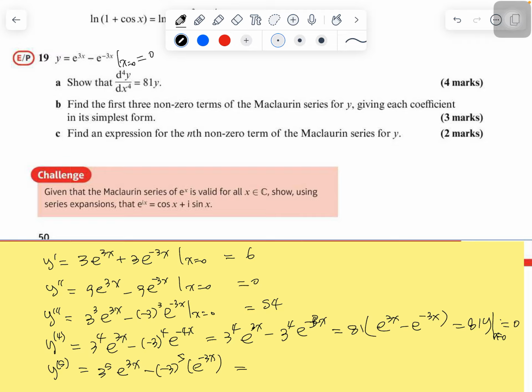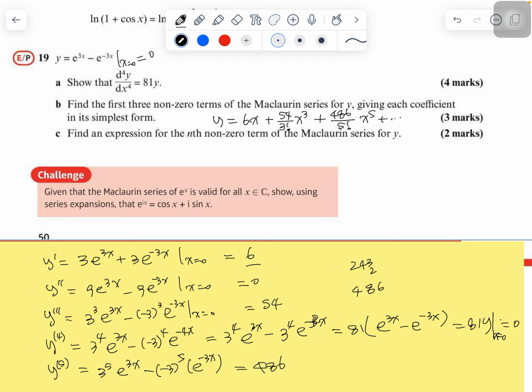So here, what is 3 to the power of 5? 9, 81, 243. So 243 times 2 is 486. So here, y becomes 6x plus 54 over 3 factorial x cubed and 486 over 5 factorial x to the power of 5 plus and so on. Simplest form, yeah, you will find it.